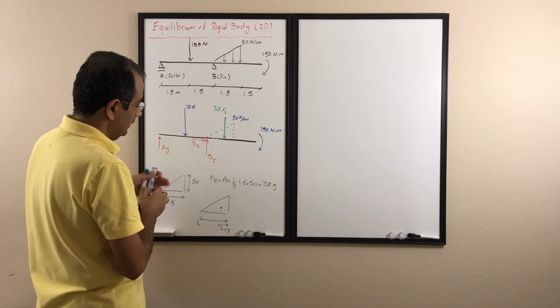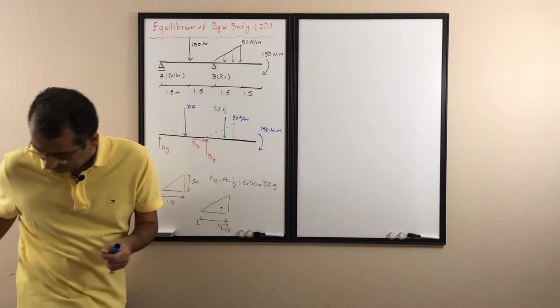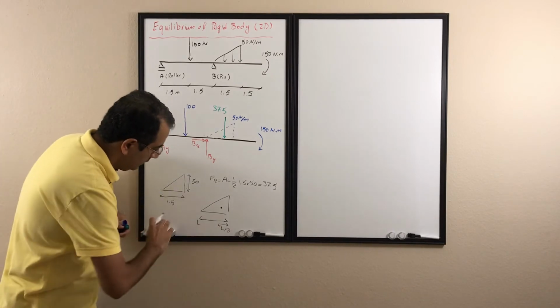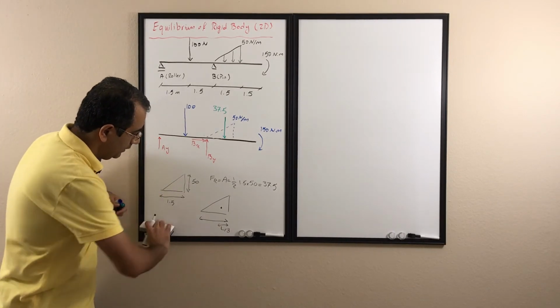If you look here, it's 1/3 from this end, so it's going to be 2/3 from the other end.